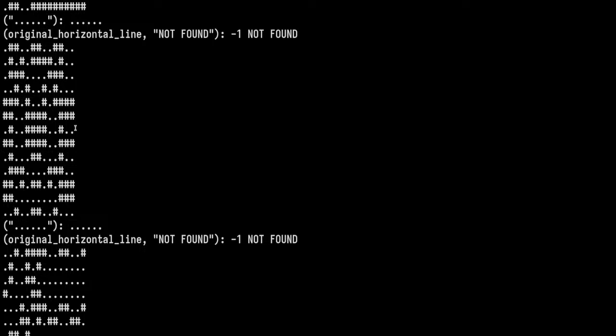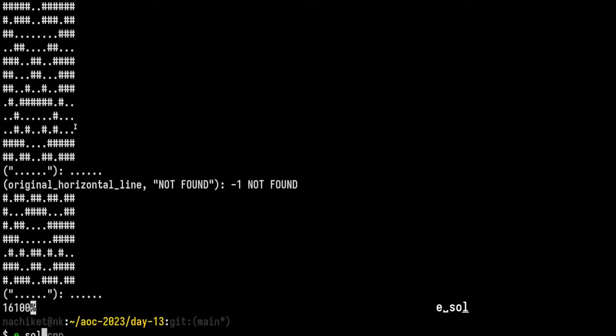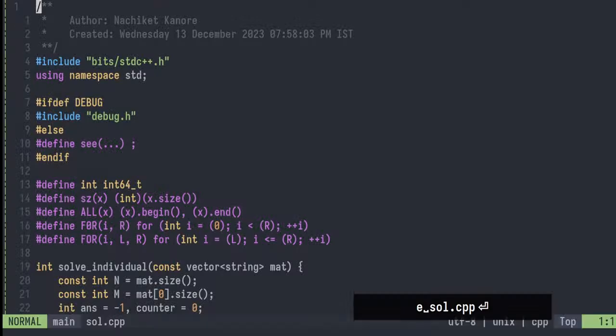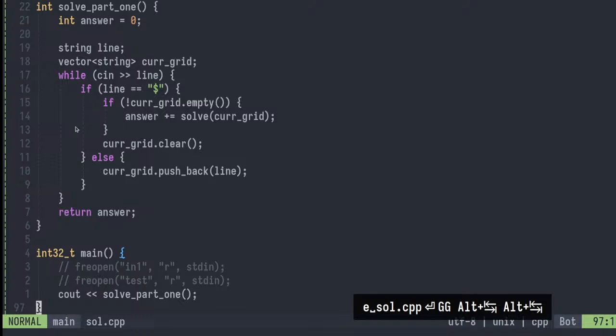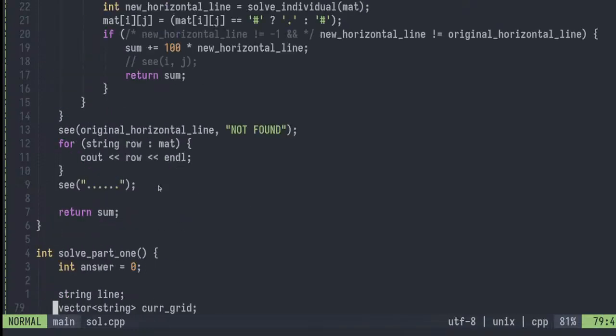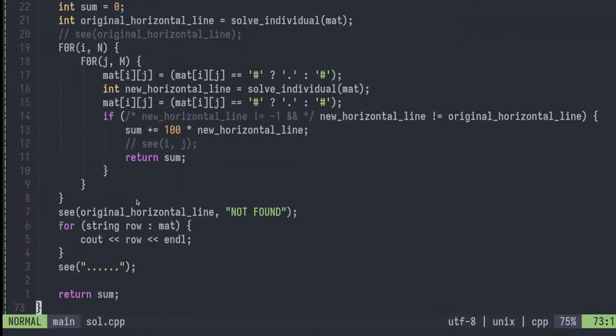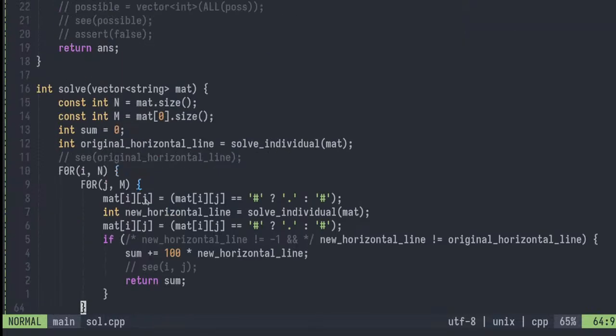And let's do one thing. If we don't find a horizontal, we check for the vertical. I mean, do I have to do the same thing again?